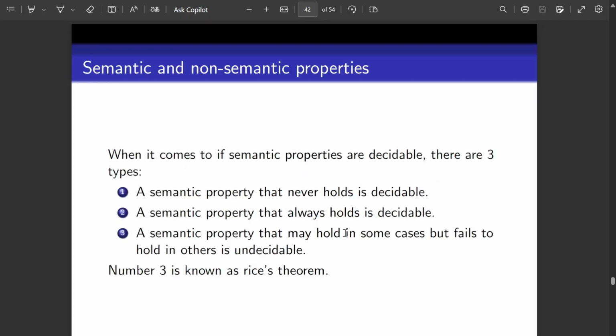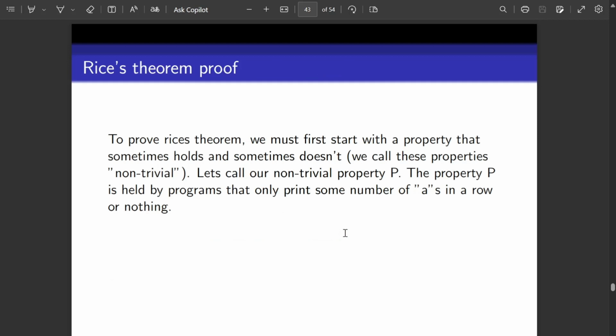To prove Rice's theorem, we have to start with a property that sometimes holds and sometimes doesn't. We call these properties non-trivial. So let's call our non-trivial property P. The property P is held by programs that only print some form of A's in a row, or nothing.